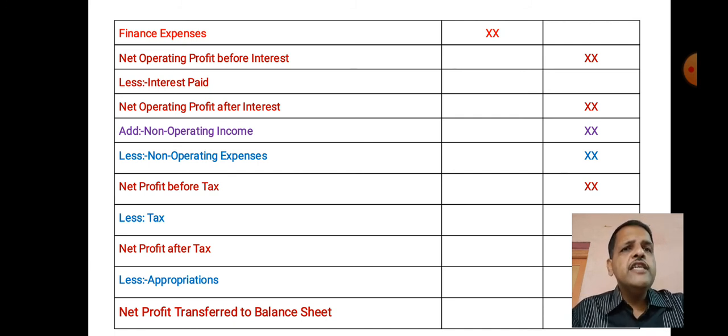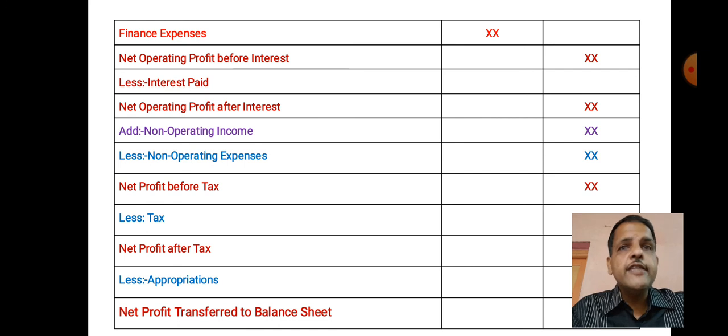Friends, from this we have to deduct interest paid, and this interest paid is also known as finance expenses. When we are taking finance for our business, which is shown under borrowed funds, like debentures or loans taken, for servicing that, whatever interest we have to pay comes under this interest paid or finance cost.